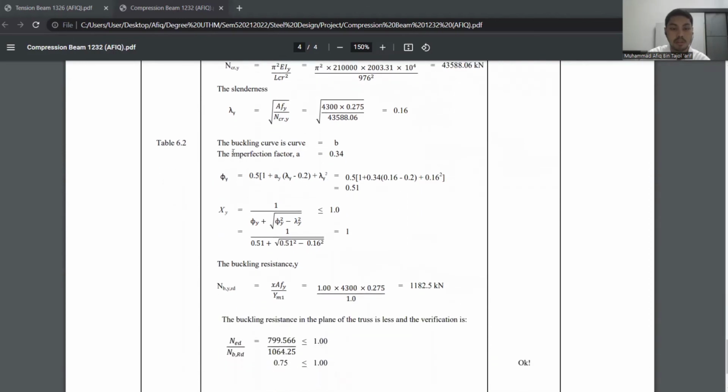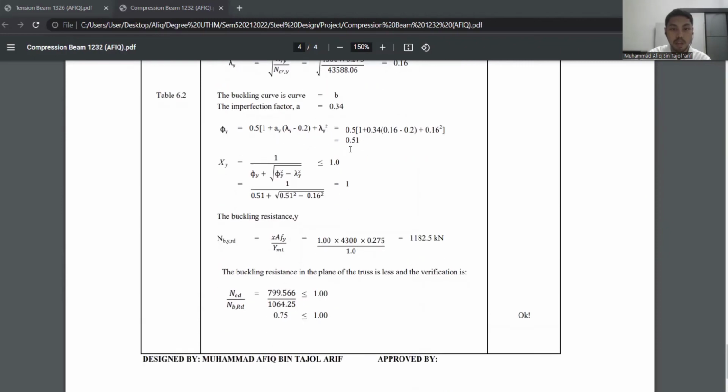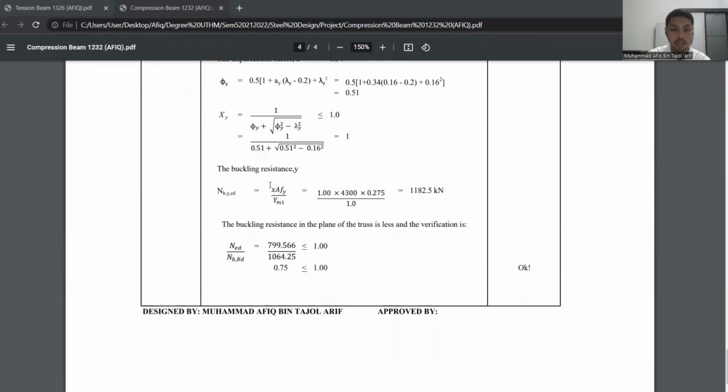From table 6.2, the buckling curve is curve B. The imperfection factor is 0.34. Then phi y is 0.51 and chi y we got is 1. So the buckling resistance Nb,y,Rd is 1182.5 kN.